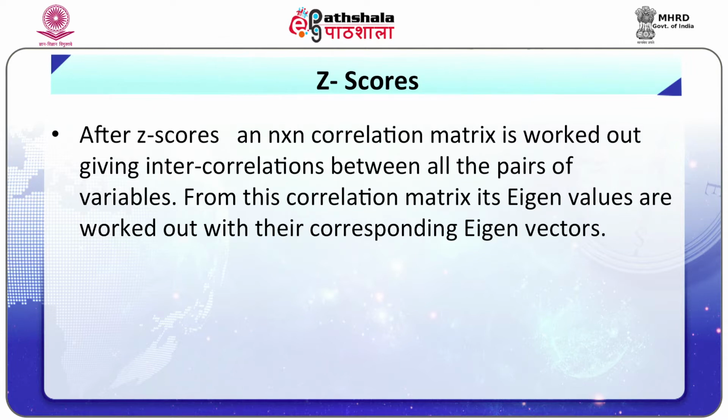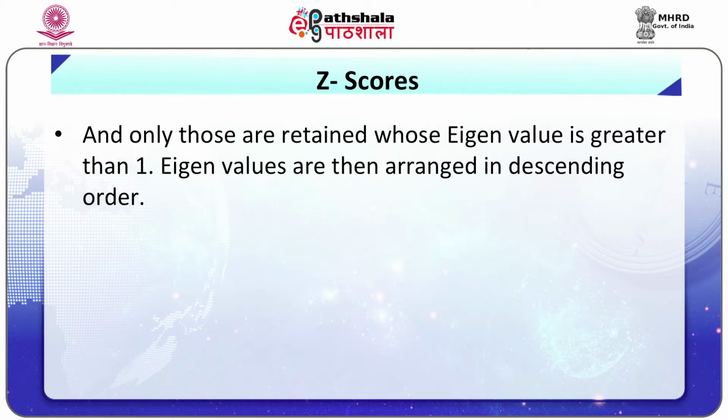After Z scores, an n by n correlation matrix is worked out, giving intercorrelations between all the pairs of variables. From this correlation matrix, its eigenvalues are worked out with their corresponding eigenvectors, and only those are retained whose eigenvalue is greater than 1.